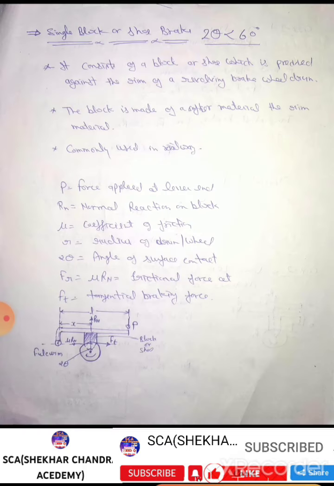Next is Fr, frictional force, that is equal to mu Rn. Next is Ft, tangential braking force. Here are some terminologies. Tb, please mention, Tb is braking torque applied on wheel.